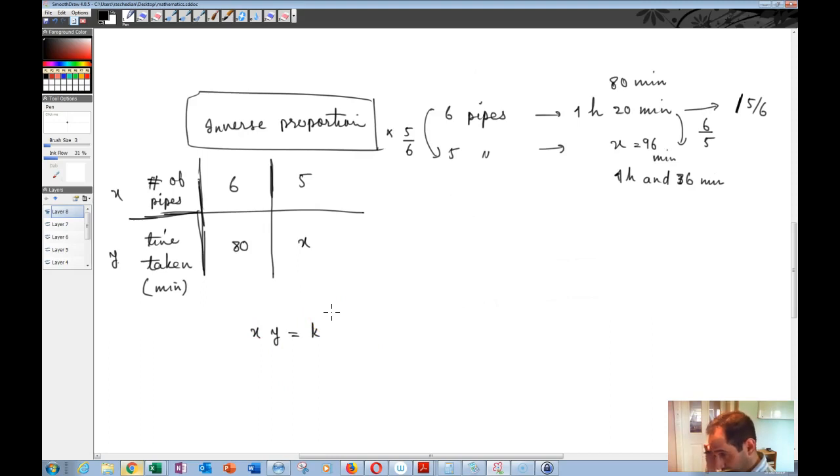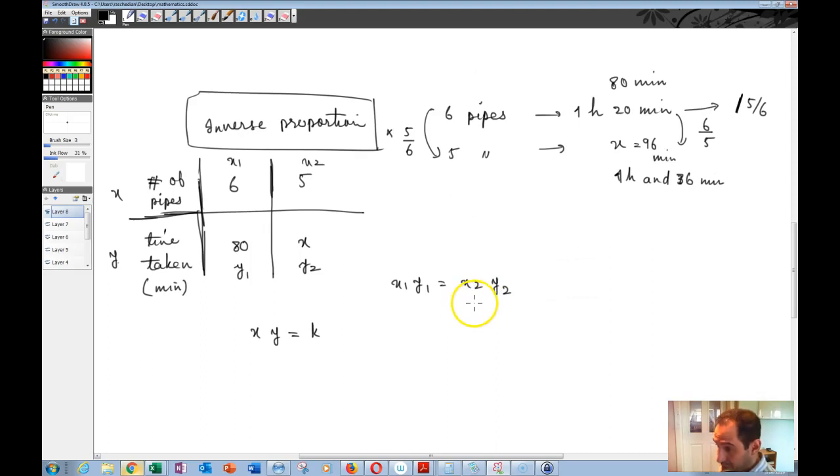So if it's constant, then if you multiply these two numbers together, it's going to be equal to the product of the next two numbers, and so on and so forth. So if this was, for example, x1 y1 and x2 y2, then x1 y1 would be equal to x2 y2.